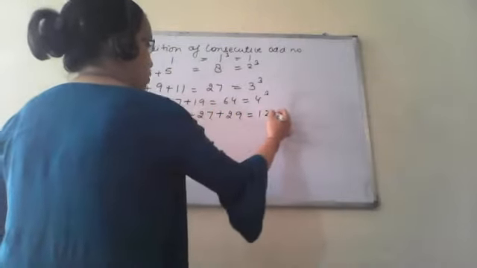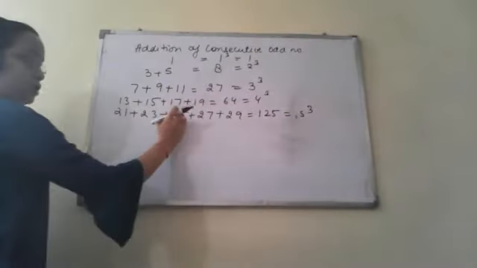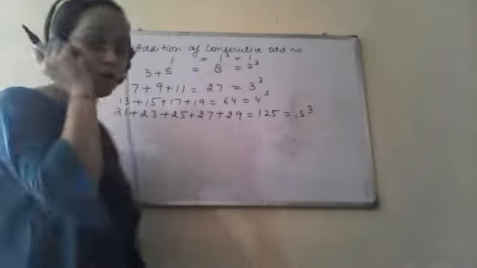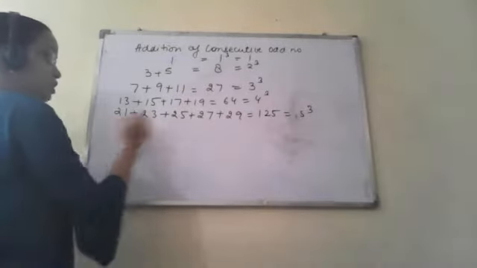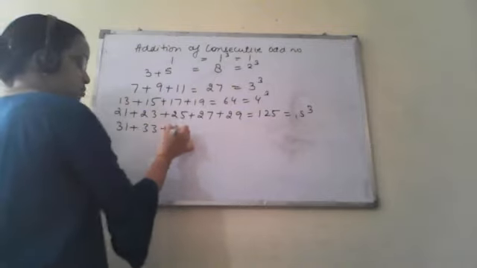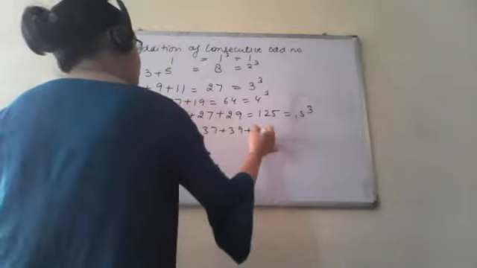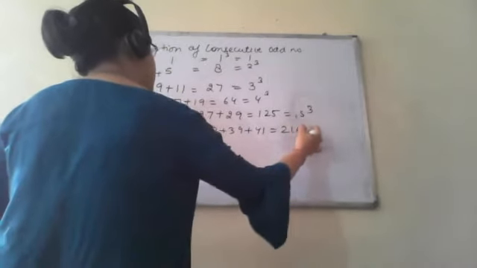This will be 125 and it is the cube of 5. So there are 1, 2, 3, 4, 5 odd numbers. Similarly, for 6, it will be 31 plus 33 plus 35 plus 37 plus 39 plus 41 and it will be 216, which is the cube of 6.